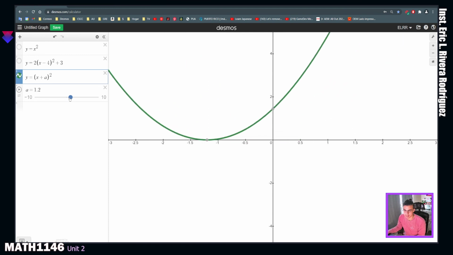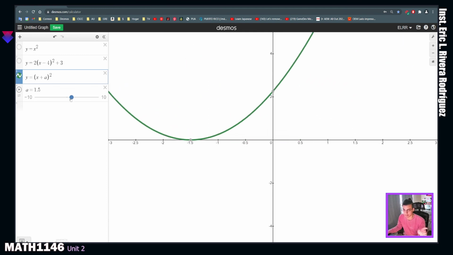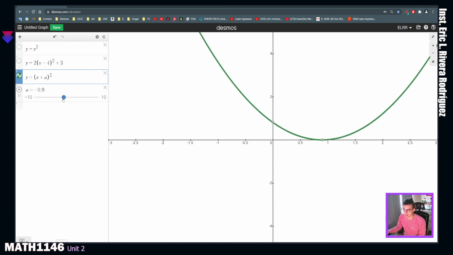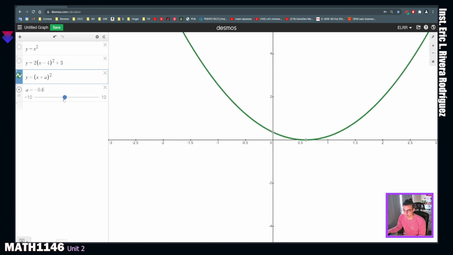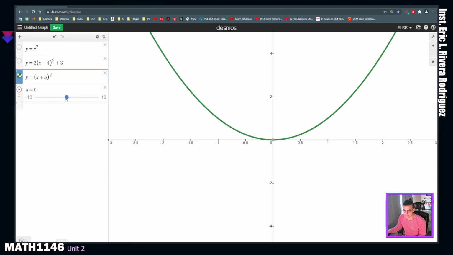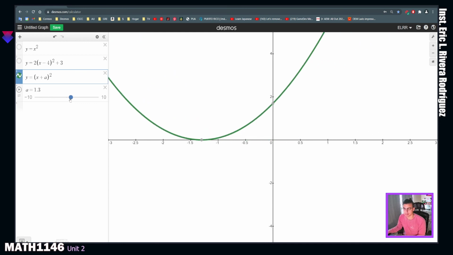Sorry, when a becomes positive, the graph moves to the left. When a becomes negative, the graph moves to the right. So this shows us that when we are adding in the input group, the function moves to the left.